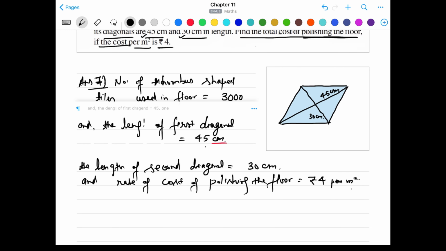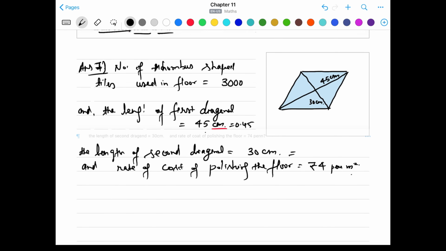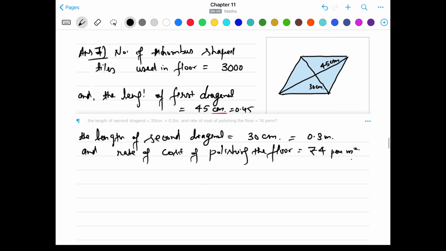In order to convert this, we have to divide by 100. So this will become 0.45 meter. In a similar way, this 30 centimeter will become 0.3 meter when dividing by 100. Okay, so now we got the lengths of the two diagonals in meter.